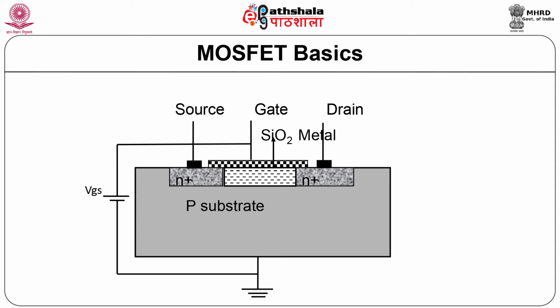This channel makes it possible for electrons to flow from the source to the drain when a positive voltage is applied at the drain. Since the application of a positive voltage at the gate enhances the channel width, this device is referred to as an enhancement mode device or enhancement MOSFET.